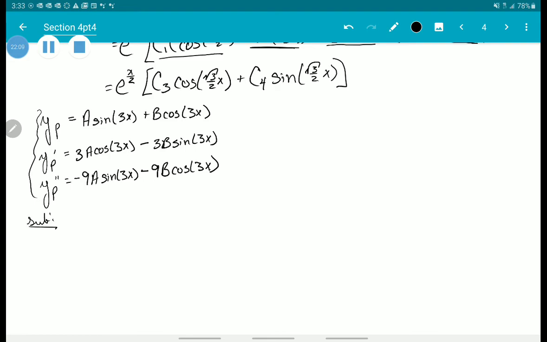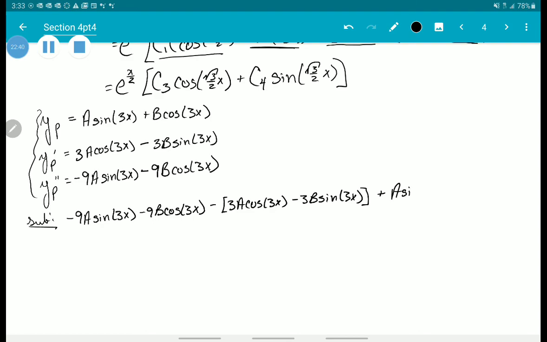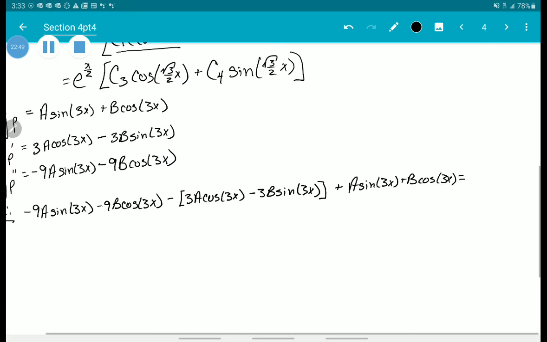So our differential equation was y double prime minus y prime plus y, and that's equal to 2 sine of 3x.